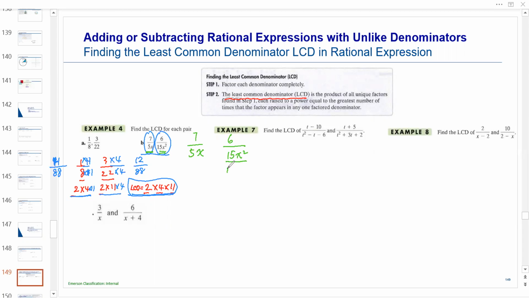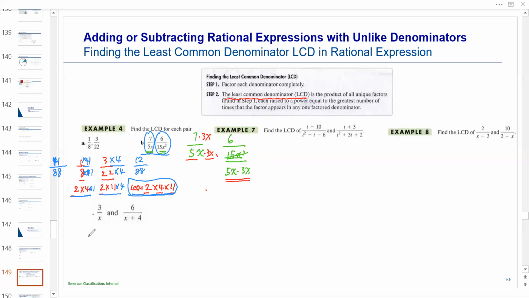So this part can actually be broken down into 5x times 3x, right? So exactly the same. You can see this one, if you times 3x, you also get 15x squared. So the least common denominator would be this part, 5x times 3x. So you can find it, and then you can get the same denominator. You can easily do the calculation.